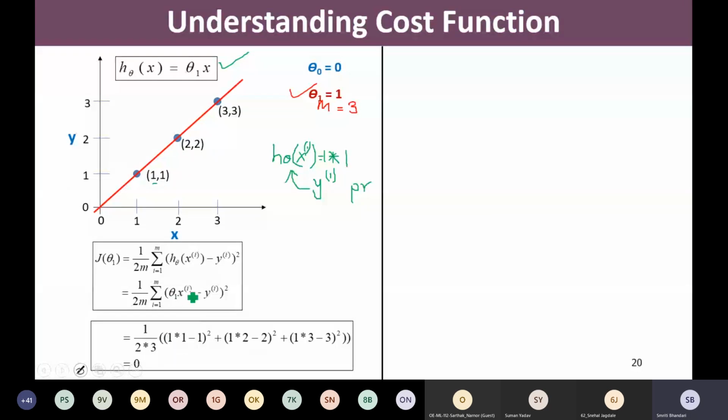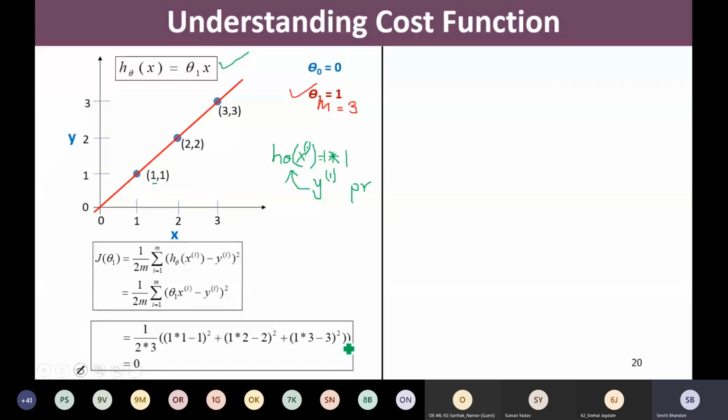So theta 1 is 1, and for the first sample, x1 is 1 minus y1 which is also 1, plus 1 into x2 which is 2 minus y2, the actual value, which is also 2, plus 1 into x3 which is 3 minus the actual yi which is also 3.